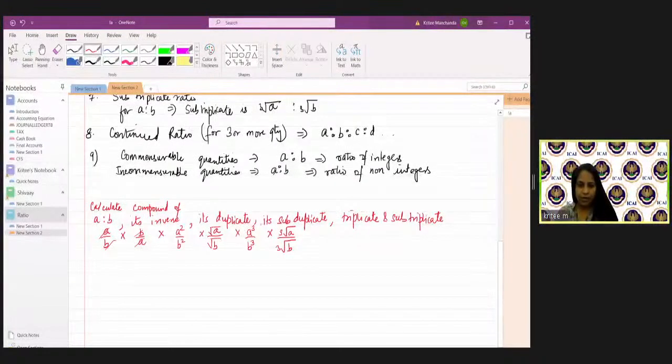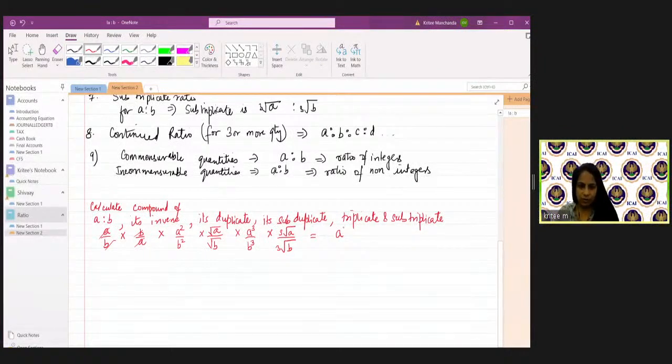For the rest of the values, we are going to study about indices, that is when the bases are same, powers are added. We would be doing it in detail in the later chapters, but I can quickly tell you the answer for this.